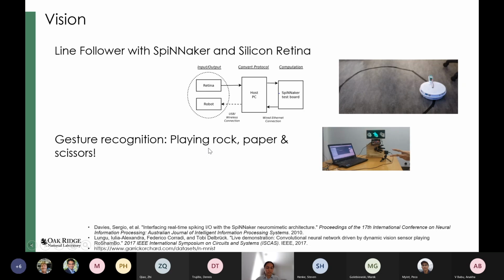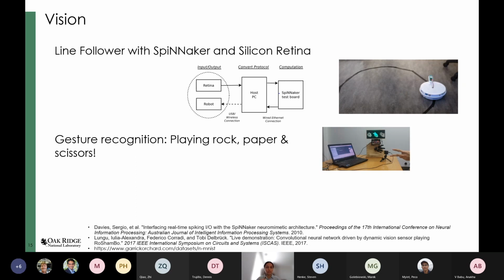Another interesting thing that people have been doing is looking at dynamic vision sensor cameras, which are again spike-based sensors.